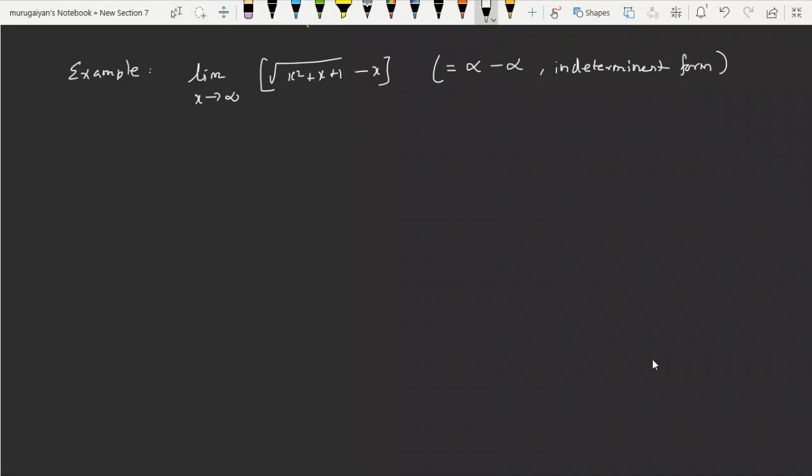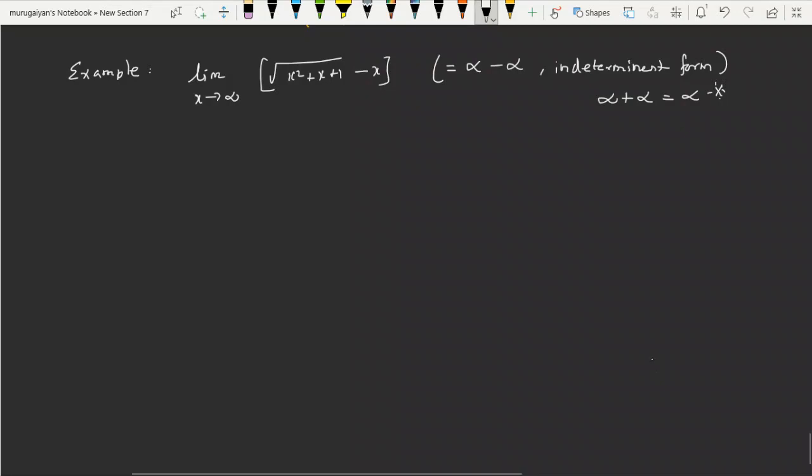So infinity minus infinity is indeterminate form, and infinity plus infinity is not indeterminate form. That is infinity. Very important. Infinity plus infinity is again infinity. This is not indeterminate form. Make note of it. But the difference of two infinities is always indeterminate form.